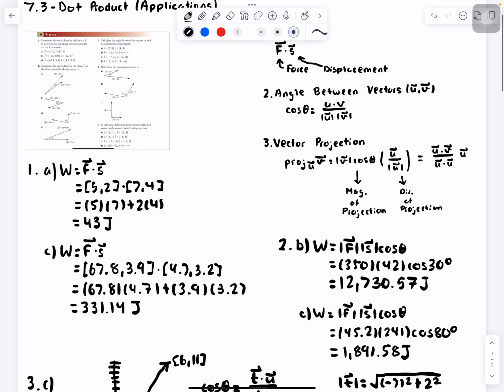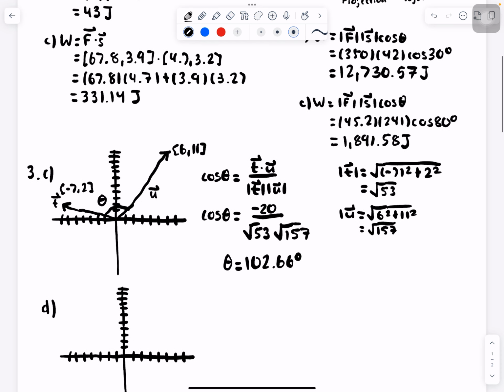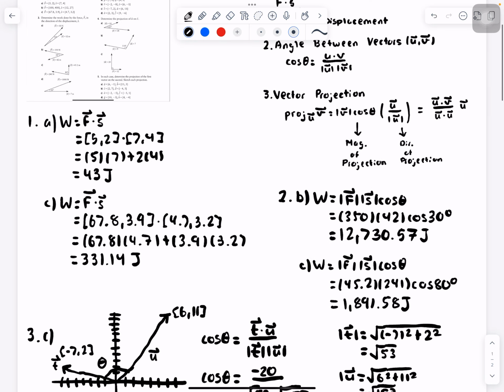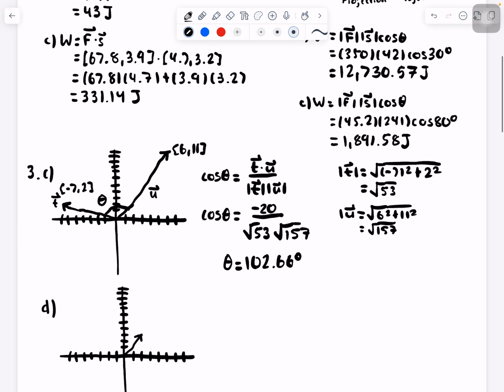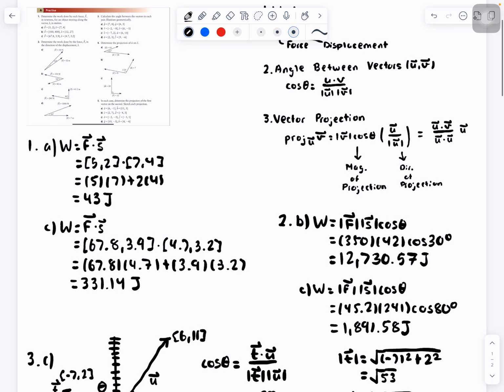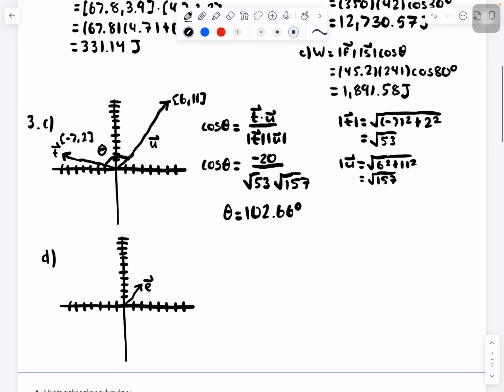For D, we have the vector 2, 3. So 1, 2, then up 3 right here. 2, 3, that will be E, and then the vector 9, negative 6, which is F. So 1, 2, let's add 2 more tally marks. 9, negative 6, so 1, 2, 3, 4, 5, 6.